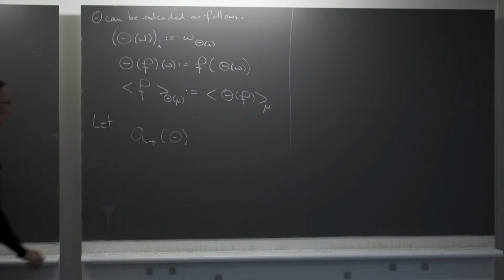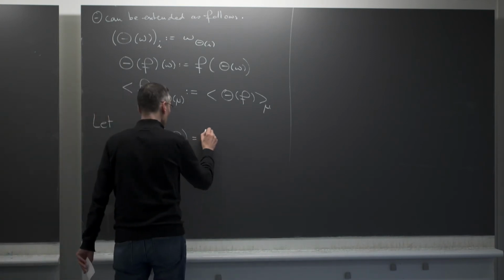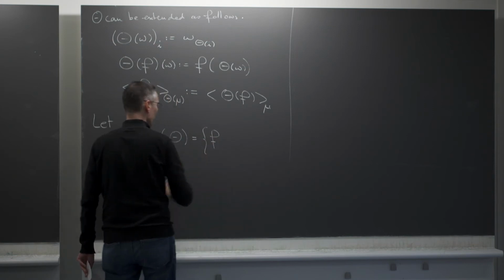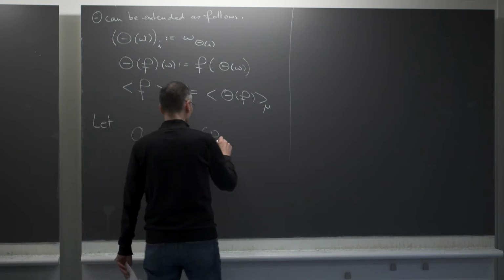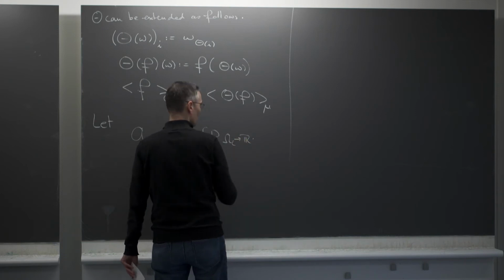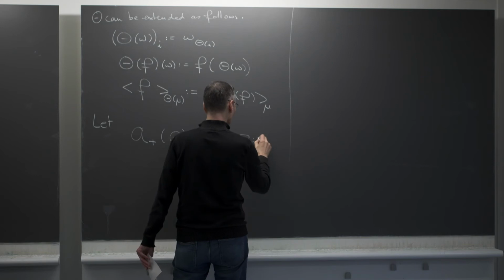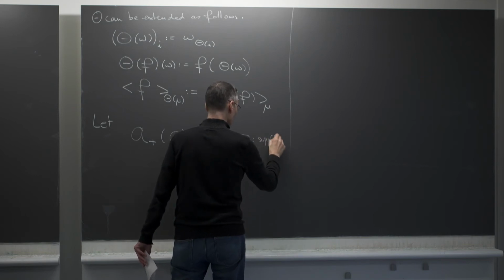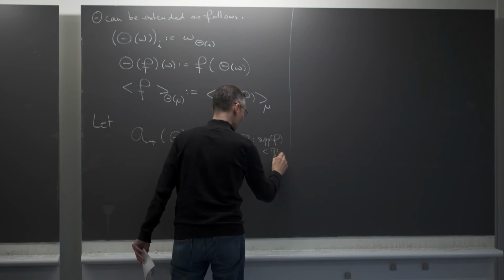Then I define A plus of theta as the set of all functions, all local functions, say from omega L to R, such that the support of the function f is a subset of the plus part of the torus, T L plus.